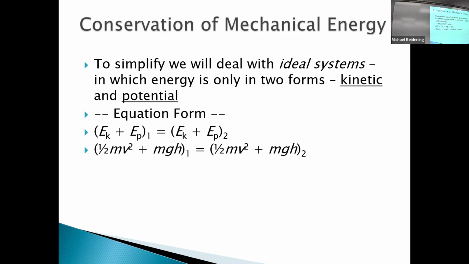Kinetic energy plus potential energy remains constant. You'll have energy changing from potential to kinetic and back, but the total remains constant. So that'll be 1/2 mv1 squared plus mgh1 equals 1/2 mv2 squared plus mgh2.